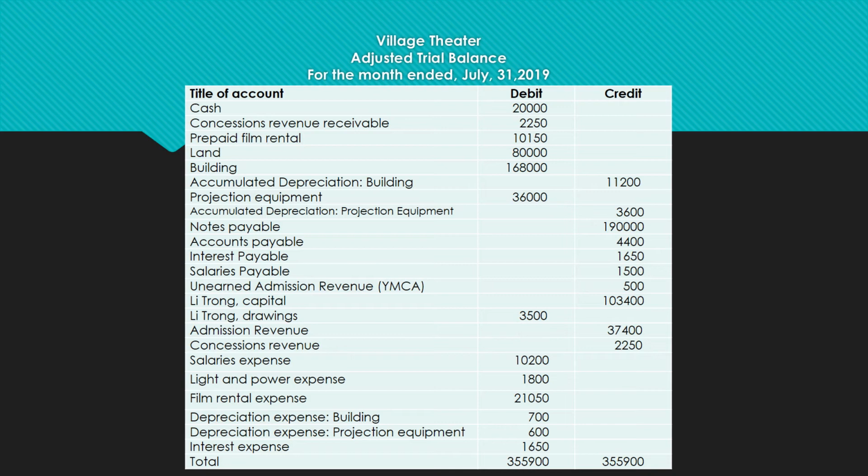The accounts in the trial balance given in the problem which were not affected by adjusting entries will be kept the same as they are, just like cash, and for the accounts which are affected by the adjusting entries, we will merge the adjustments with these accounts and record them again in the adjusted trial balance.